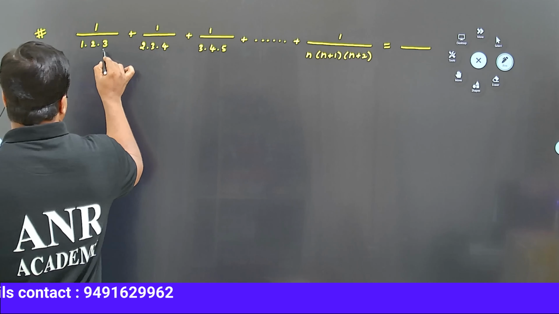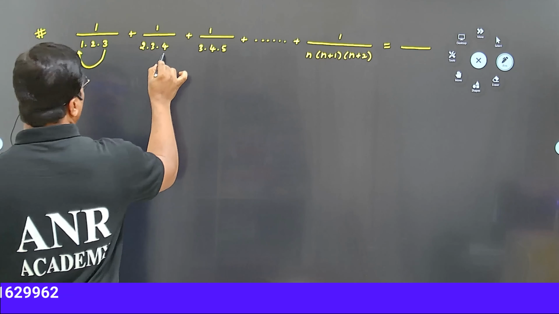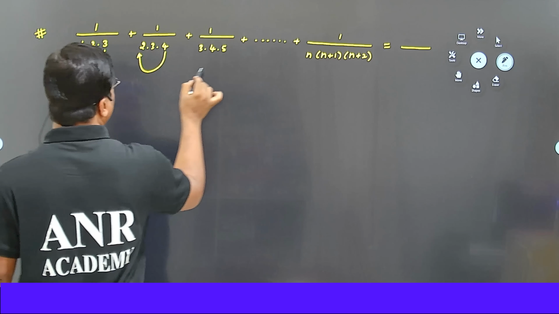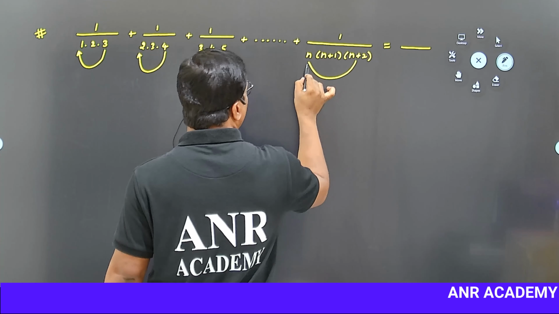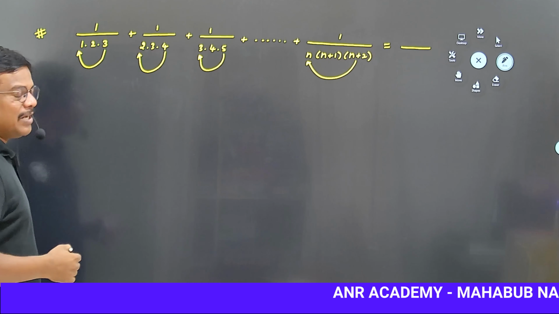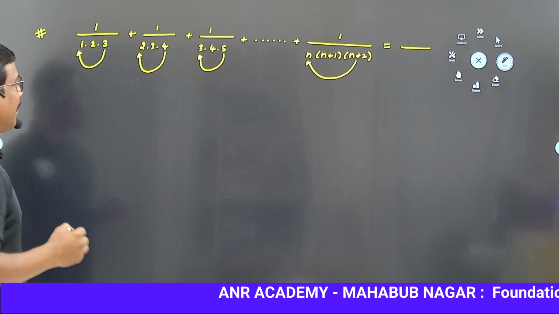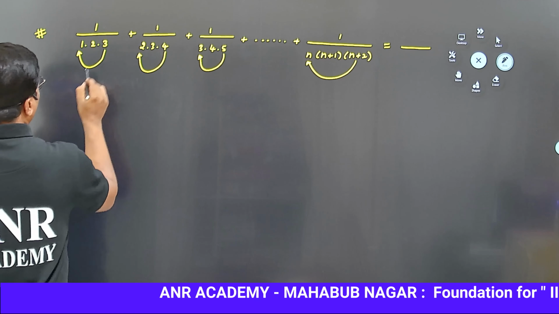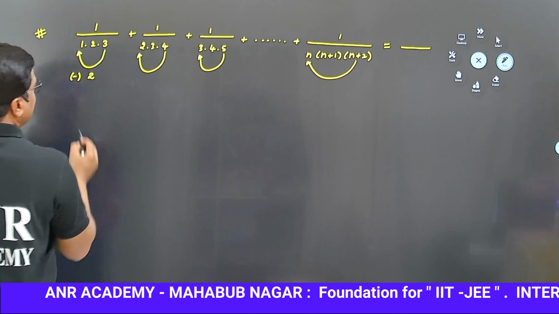Here the logic behind this is greater minus least. You have to apply greater minus least. What happens? Observe, here the difference is 2: 3 minus 1 is 2, but in the numerator you have only 1, right? What I am doing here: the difference is clearly 2 units.